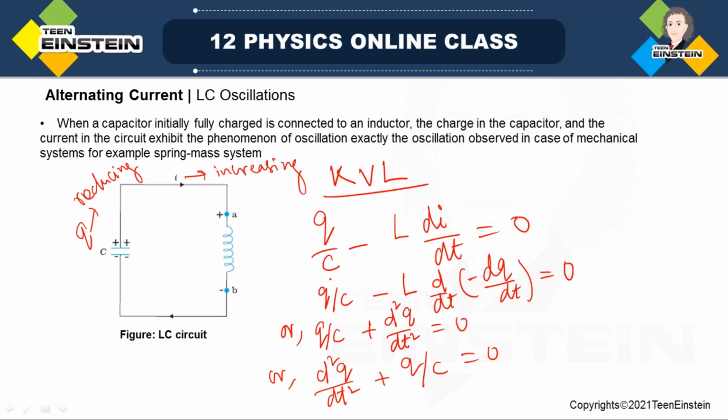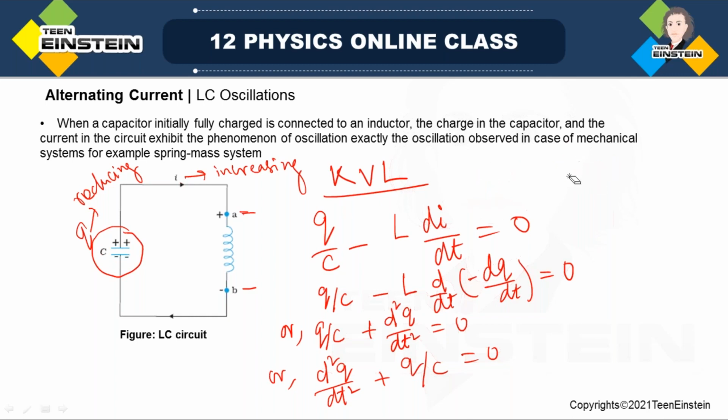Okay, I'll just erase this front part and I'll keep the equation. So maybe I'll just repeat what we have done. We have just written down the Kirchhoff's voltage law for this circuit. See, in this case there is no battery, right? Whatever voltage drop across the capacitor is there will be exactly equal across the inductor. So you can just simply write q by c is equal to L di dt. The drop across the inductor will be exactly equal to the voltage across the capacitor itself.